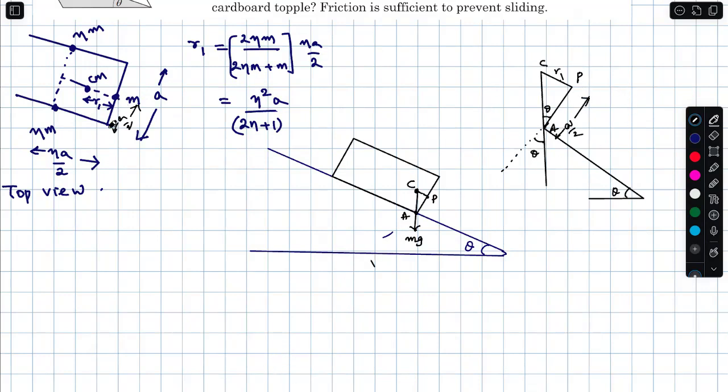Only then I'll proceed. This is a square. A by 2 is this part. R1 is this part.